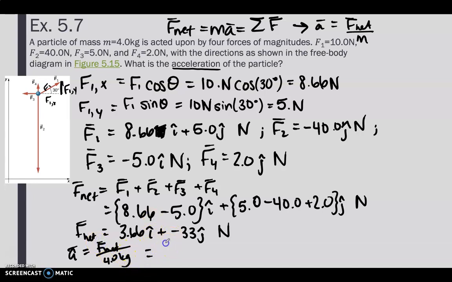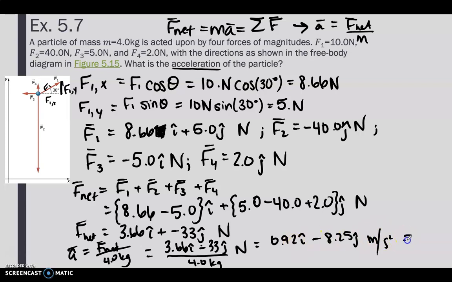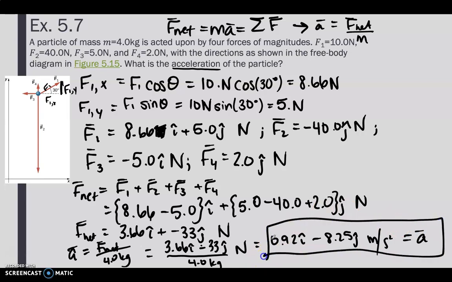We'll plug that in: 3.66 i hat minus 33 j hat divided by 4 kilograms. Then we put that into our calculator and we get 0.92 i hat minus 8.25 j hat, in meters per second squared. So this is our acceleration vector.